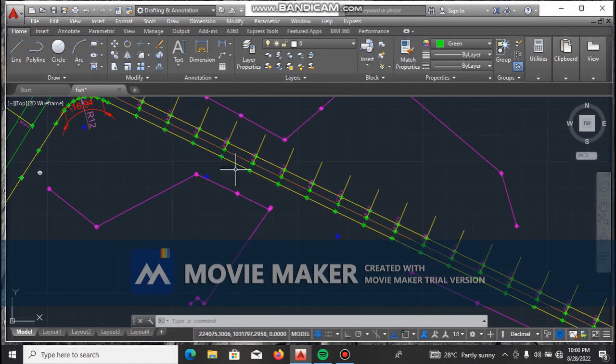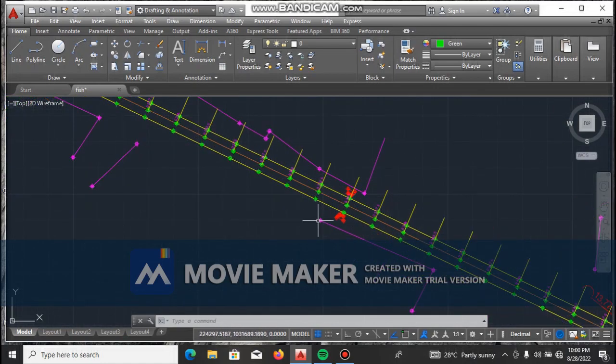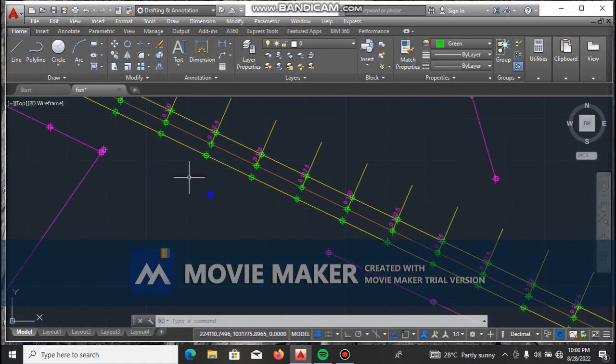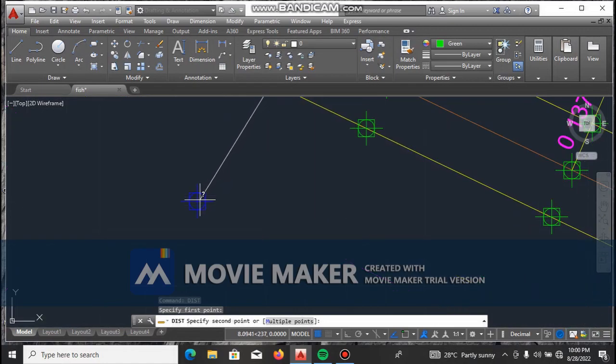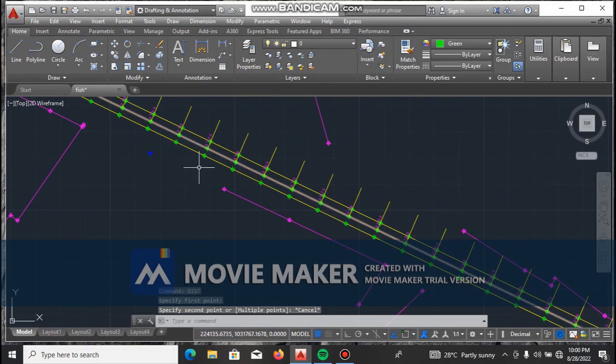You can see all these ones having a blue star are electrical poles, so they are far away from the road, and the distance also is supposed to be far, measured from your center line or anywhere you can catch up to the electrical pole. You see that you have close to 8 meter plus away from the road.